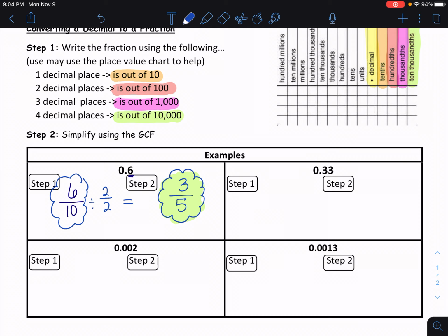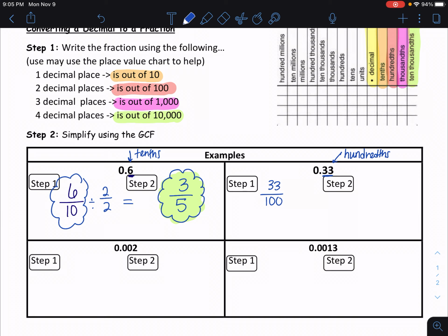In the next example, we have 0.33. This is the hundredths place. So this was the tenths. So 33 over 100. Then I'm going to say, is 33 over 100 completely simplified?